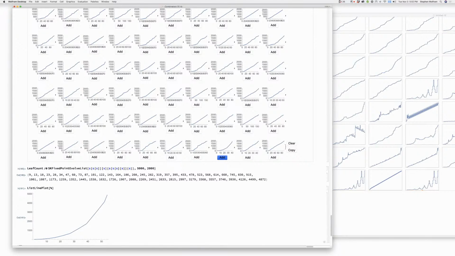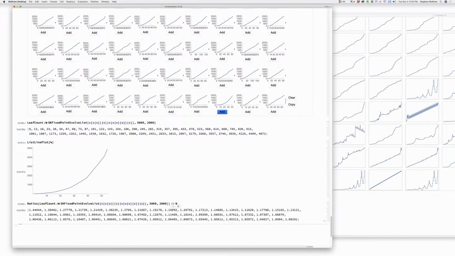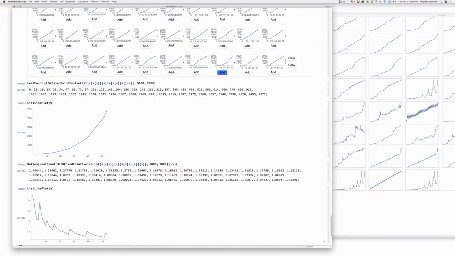It is not the same. There's something different going on here. So let's take a look at this guy, and let's say ratios of that. Oh boy, 1.08. Let's just look at that. Weird, weird, weird. All right, let's take this up to 10,000.